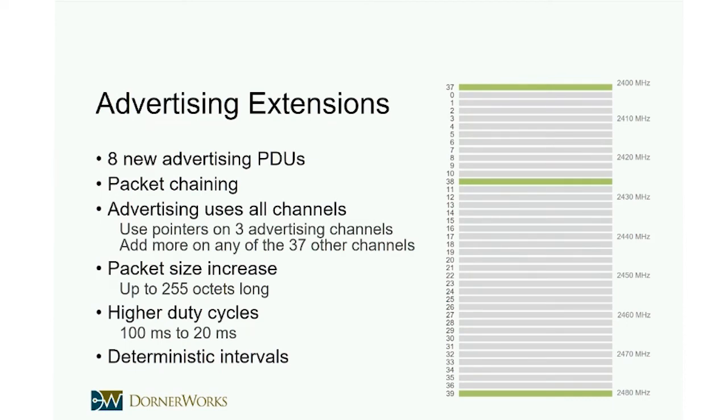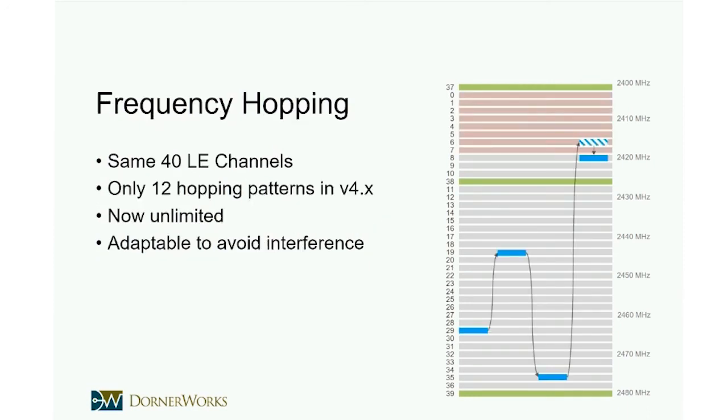So now you can transfer 255 bytes per packet. Higher duty cycles: these are non-connectable, purely advertising. You can now transmit every 20 milliseconds rather than every 100 milliseconds. And they made the advertising intervals more deterministic, so you can synchronize more appropriately and save some energy that way. You don't have to scan as long if you know precisely when the other guy's going to start advertising.